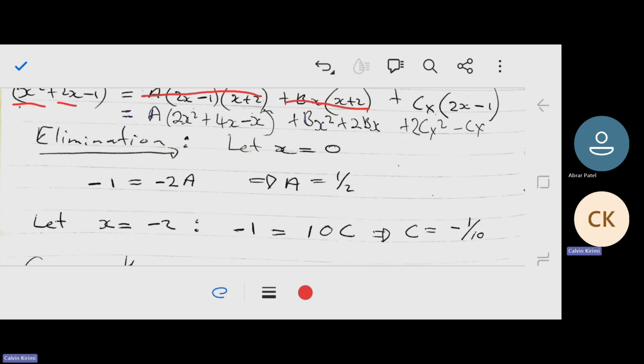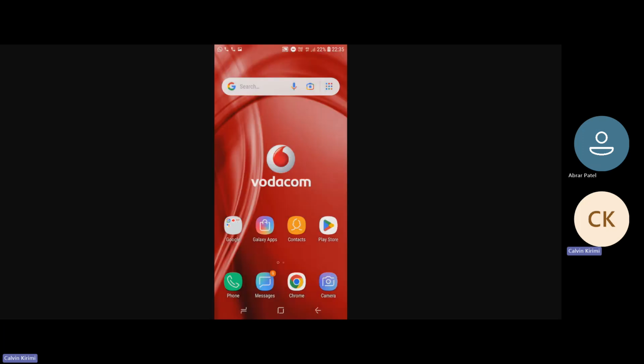So when you expand that bracket, you can see 2c x squared should be equal to what on the other side? So which means minus cx is equal to x squared plus 2x minus 1. So you equate everything that is having the x.